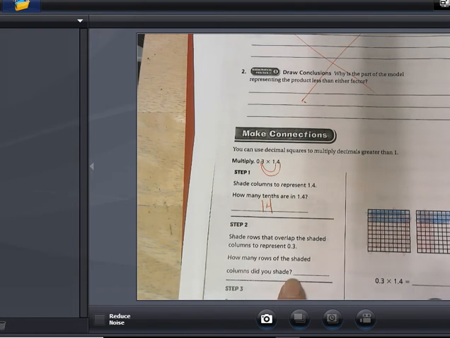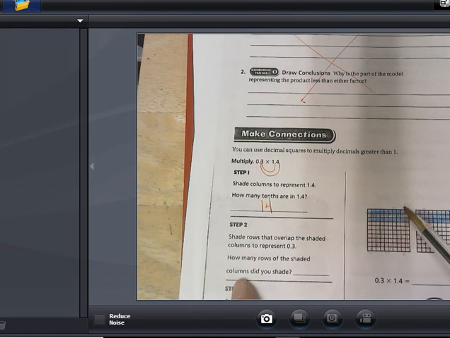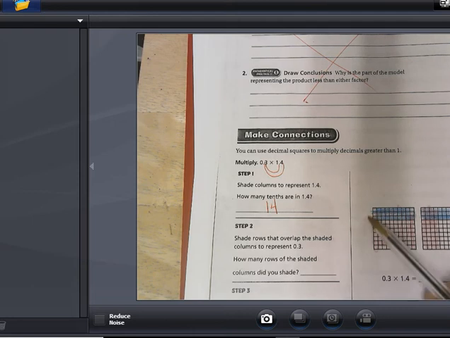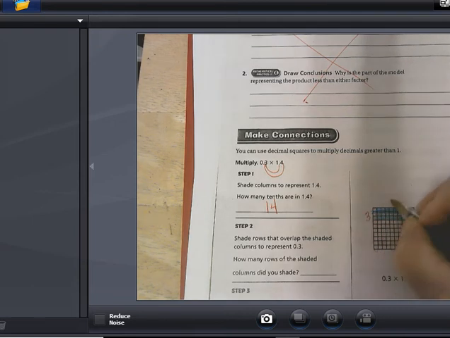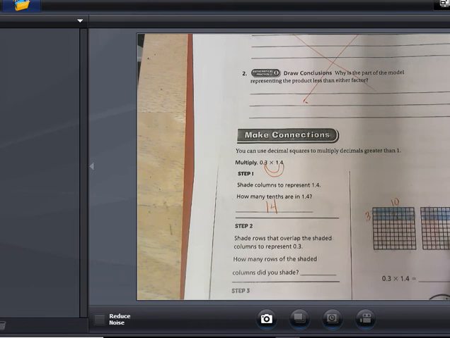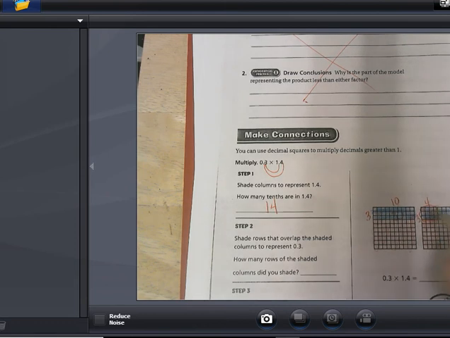So now how many columns are shaded? How many rows of the shaded are shaded? I have 3 and 10, so I know there's 30 here, and then in this little square I have 3 by 4, so that's 12.